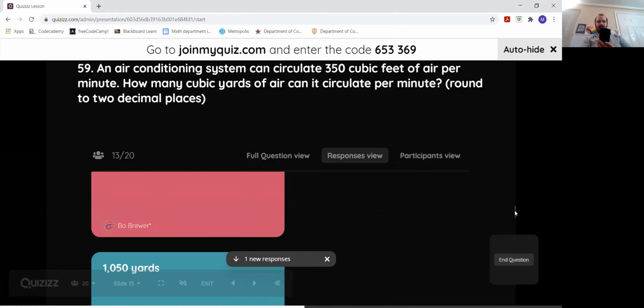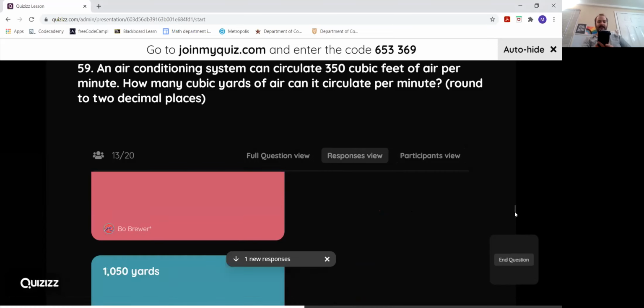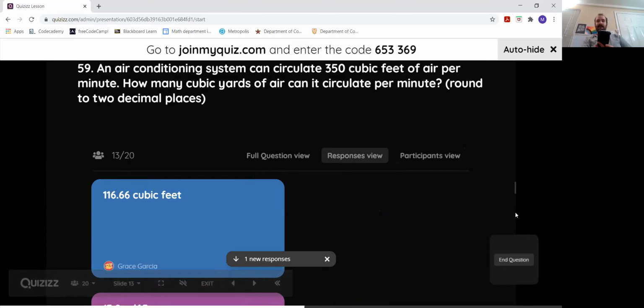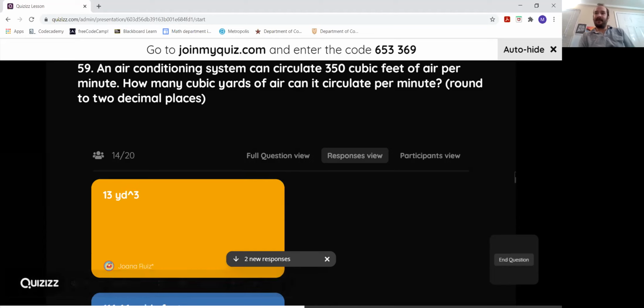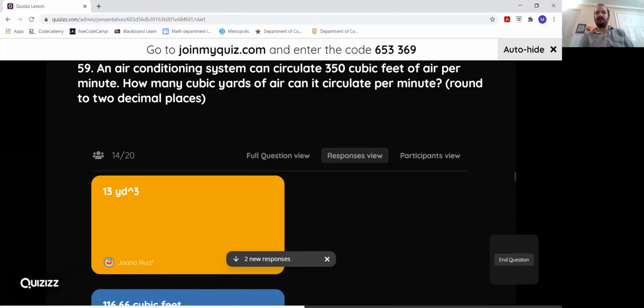Someone told me 215. No, it's not 3. I was trying to make that a point as I was asking for questions, but nobody wanted to answer. Round to 2 decimal places.